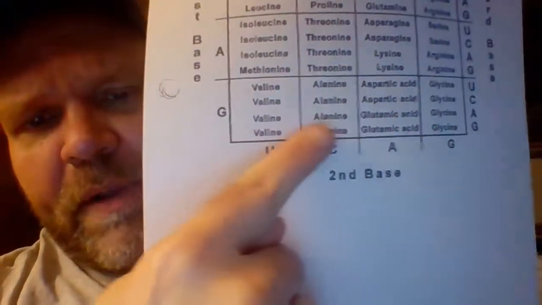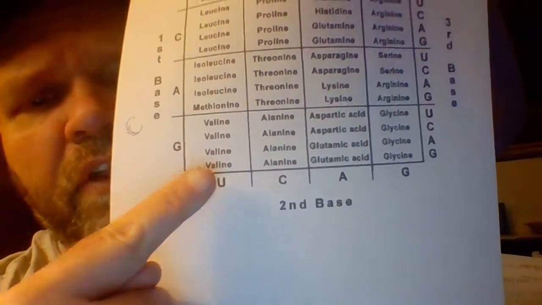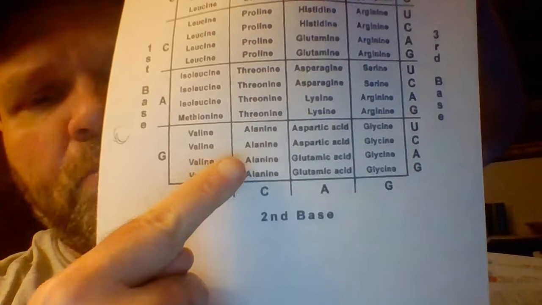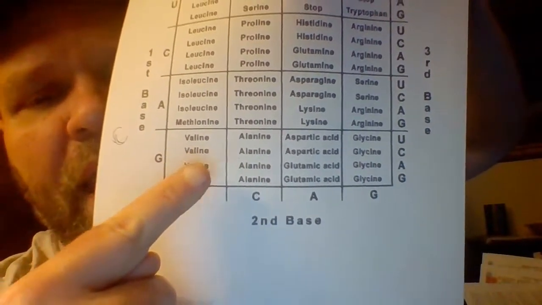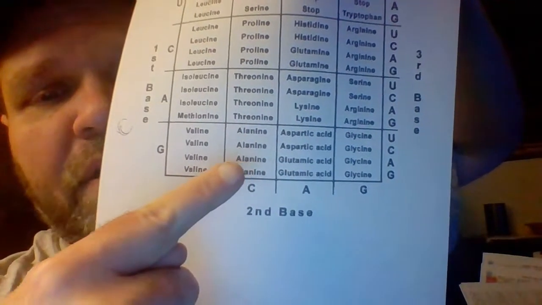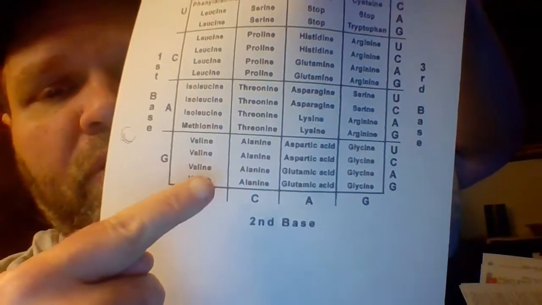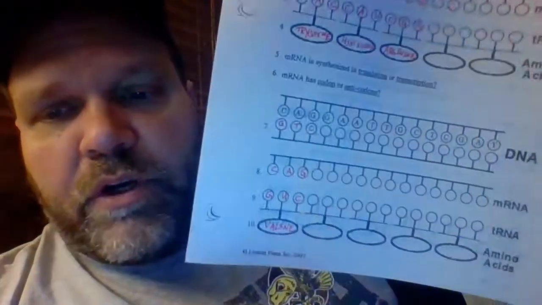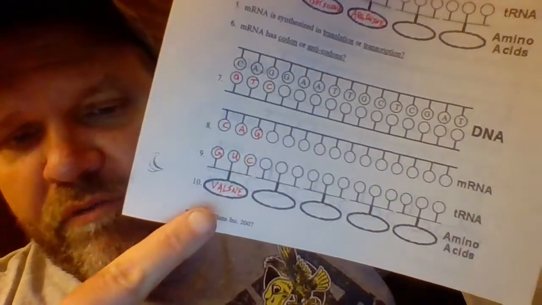And there's my U. G-U, I'm in this whole box right here. And C is the one I want. C is the second letter down. So I come across second letter down. It doesn't matter, all of them in here are going to be valine. Let's see what we put on our sheet. On our worksheet we put valine.